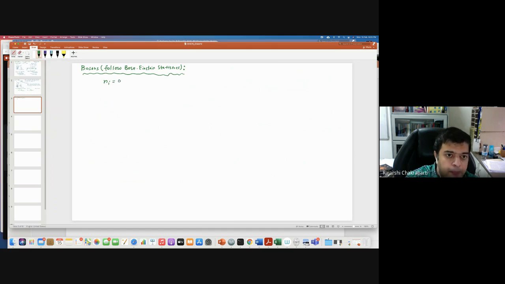Could be 0, 1, 2, 3, any integer. And what is the possible value of Ni max? It could actually be capital N, but I can assume this is N as you go to the thermodynamic limit.